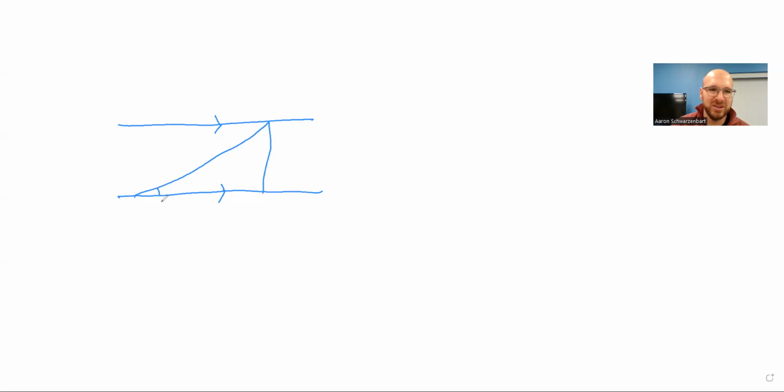right here is called the angle of elevation. It's measured to the horizontal and it's going above. Usually it's off the ground, but it could be off of some horizon line looking out with your eyes. Angle of elevation just means it's above the horizontal. And maybe I can spell elevation right.